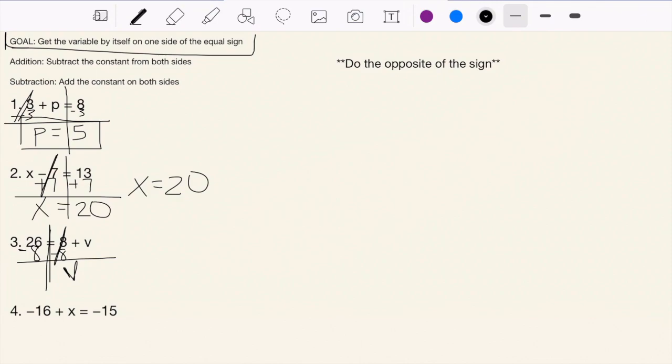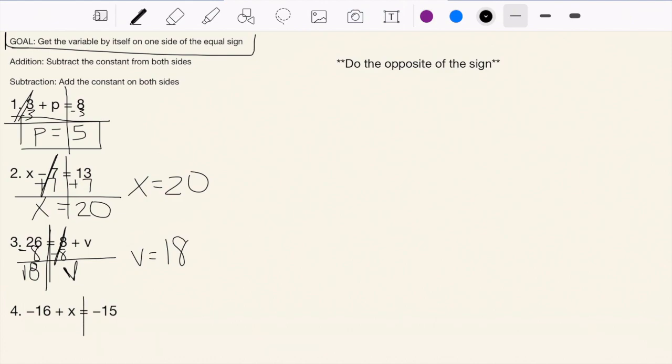So 26 minus 8, I get 18. So v equals 18. You see how this is going to go each time? We're going to do the same couple of steps, just like with most of the things we've been doing in this math section. We are following the same steps each and every time.